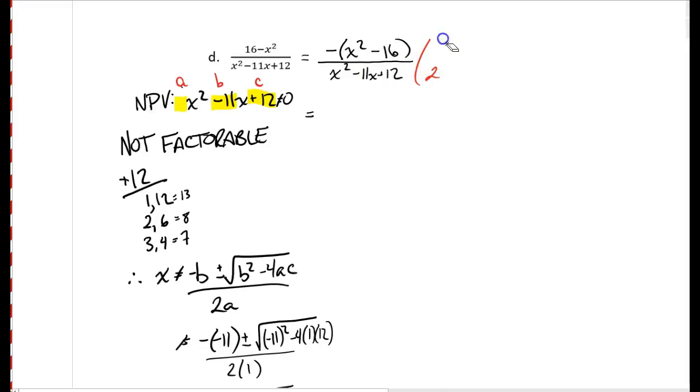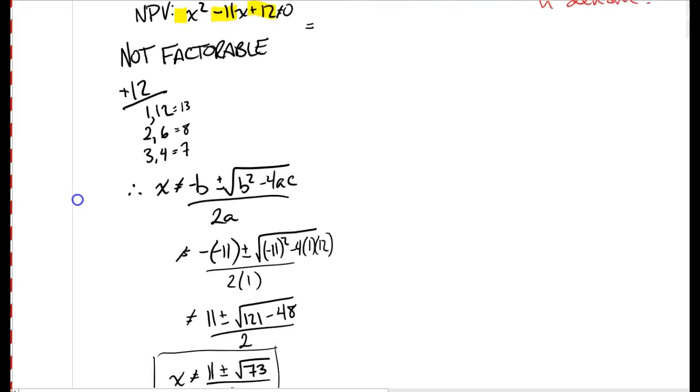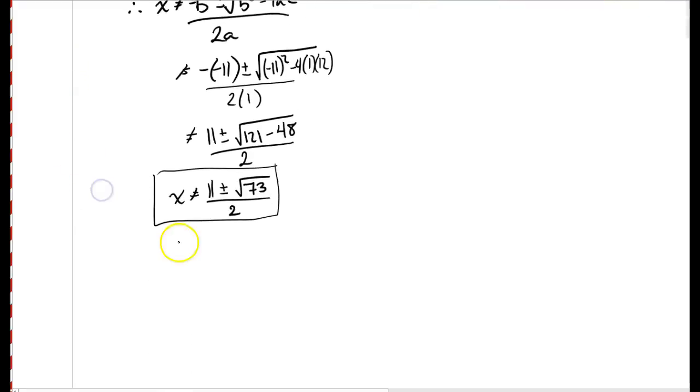What I'm actually going to do, though, is I'm going to do x over x. How does this change things? Well, I'm introducing a new variable in the denominator, which means I need to account for that in my non-permissible values. So x cannot be 0 either.